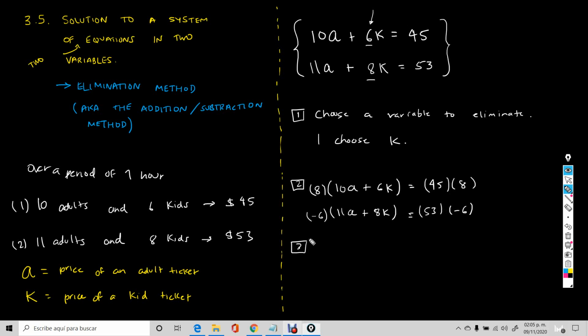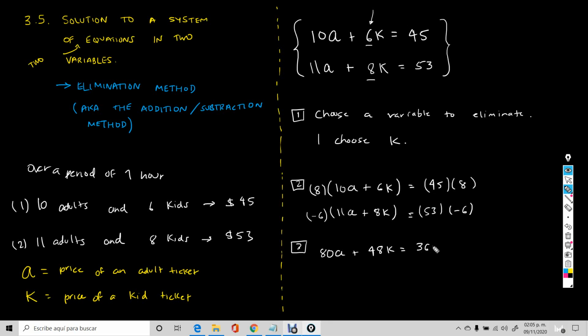So in the second step, I just expressed what I'm about to do. And in the third step, I'm actually going to do it. So let's do it. 8 times this and 45 times this, etc. I'm just going to do it rather quickly and without any explanation. This is very simple. 45 times 8 is going to be equal to 360.